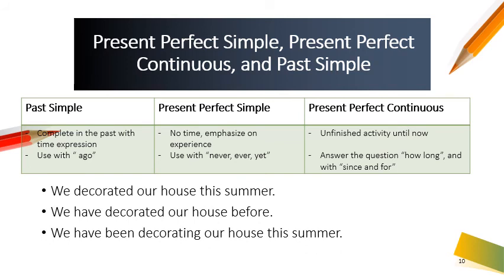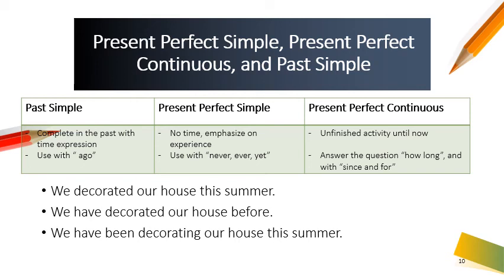You can see the example here. I can say that we decorated our house this summer. Last summer, we decorated our house, so all the activity has finished. As you can see now, I have the new house, but everything is finished already. I am not decorating anymore. Finished already, like 1 month ago, let's say.